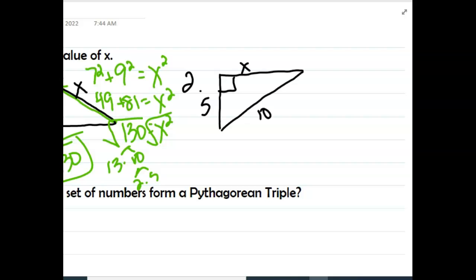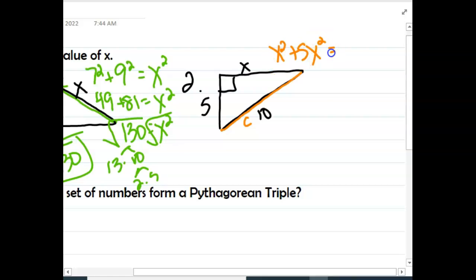You're just going to plug the numbers in different places. Because this time, like we did on the left-hand side, I have the c. It's going to equal 10 squared. What I don't have is one of the legs. So you're going to square the legs and add them together. So you're going to take x squared plus 5 squared, and you're going to set it equal to the hypotenuse squared, so 10 squared.